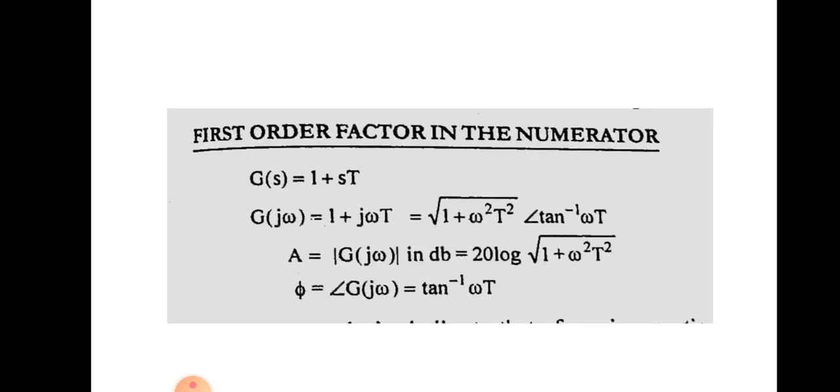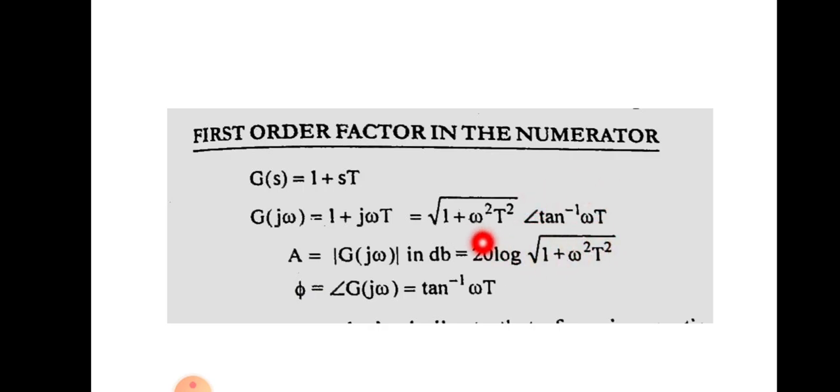Similarly, we can discuss the first order factor coming in the numerator side. When a first order factor comes in the numerator side like this, the magnitude will be square root of 1 plus omega square t square, and the angle term will be tan inverse omega t. We can plot this against log omega, and also we can plot the angle term versus omega.